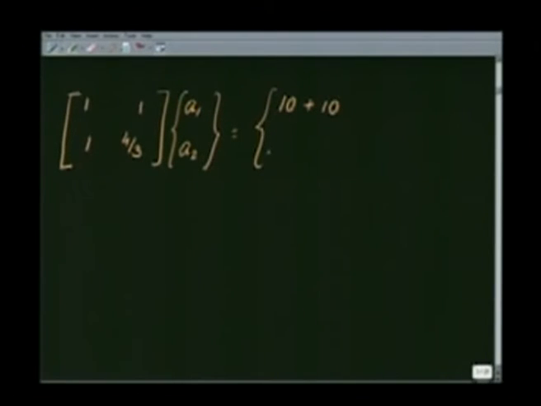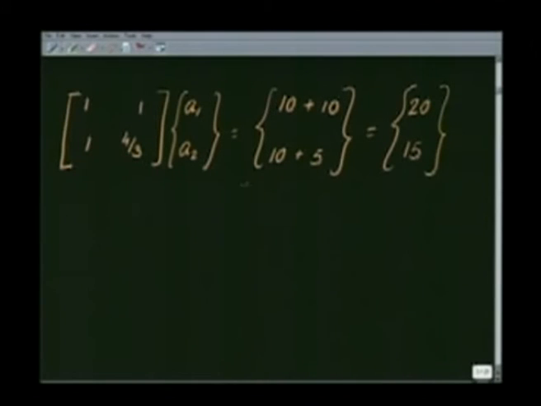Second one, P into phi 2 evaluated at 1, so phi 2 at 1 is equal to 1, so I will get again 10 plus F into phi 2 evaluated at half. Phi 2 is x squared, evaluated at half is 1/4, so 1/4 into 20 will give us 5. So this will be 20 and 15.